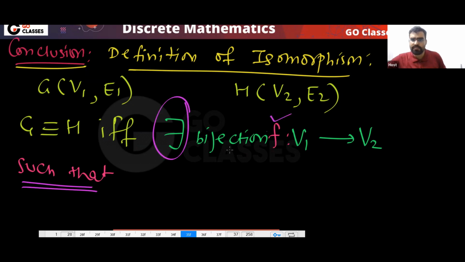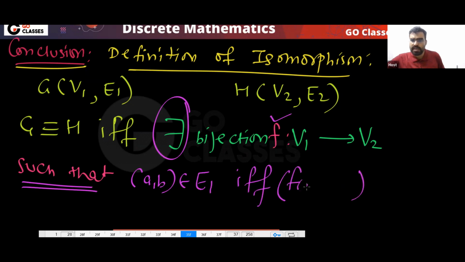such that this edge (A, B) belongs to E1 if and only if (F(A), F(B)) belongs to E2, meaning their corresponding vertices. If these two have an edge, then their corresponding vertices should have an edge. If these two don't have an edge, their corresponding vertices should not have an edge. Is this clear?